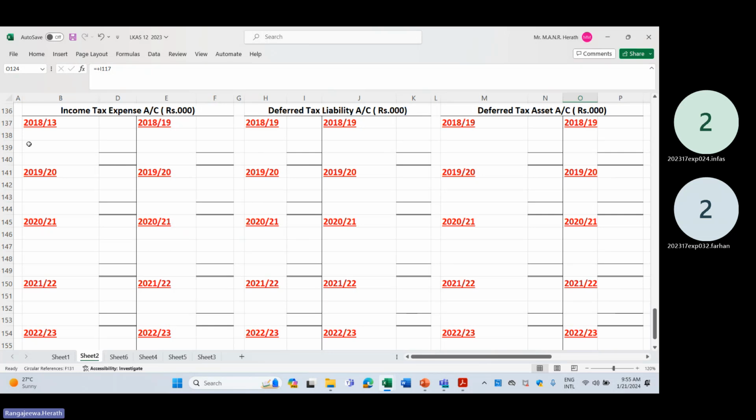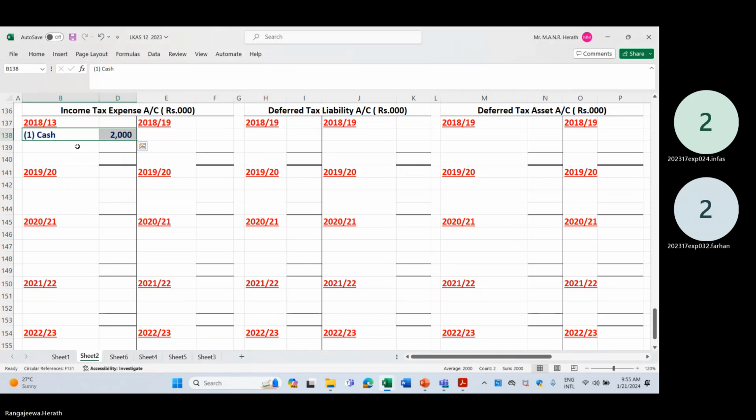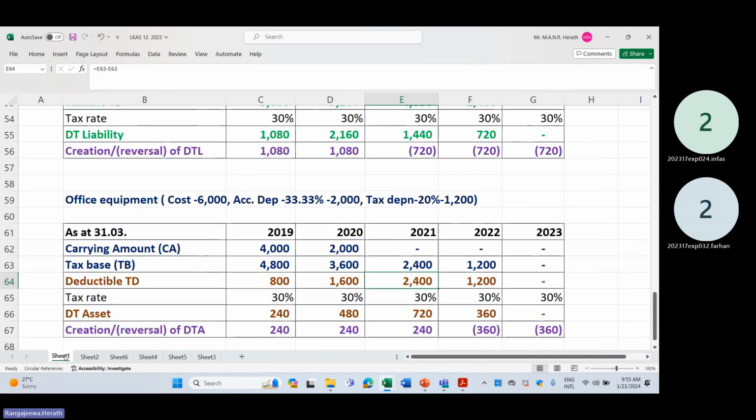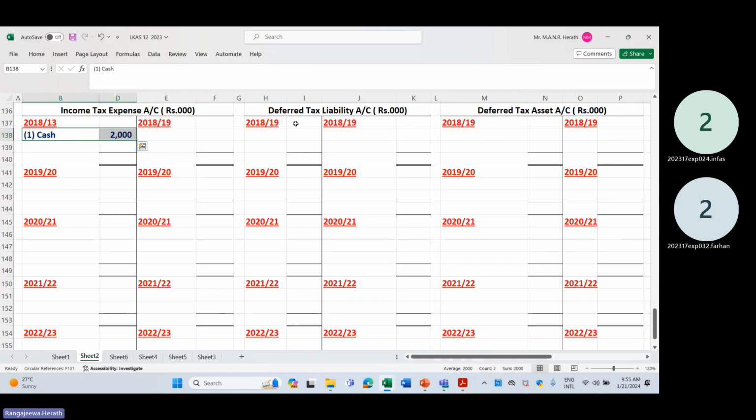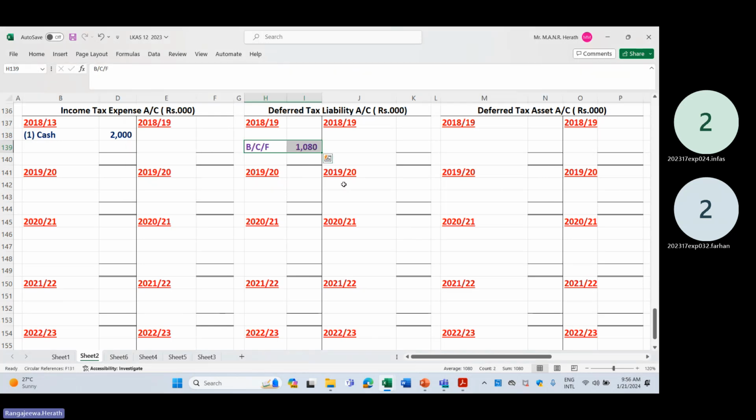First year, tax paid 2,000. Cash. That's it. Cash credit, tax expense debit 2,000. Then we have to carry forward deferred tax liability balance, which is 1,080. Deferred tax liability balance carried forward 1,080. That becomes balance brought forward to next year.